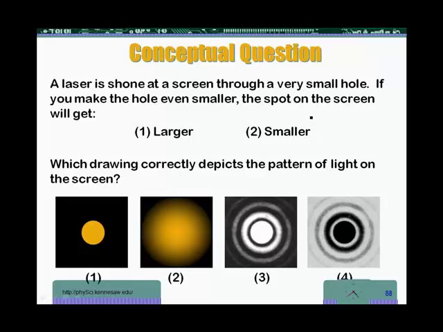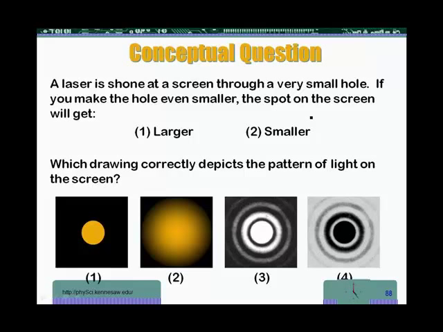That's because light from all the edges is going to travel the same distance to get to the middle. It's going to bend through the edges of the penny and travel the same distance, resulting in constructive interference.